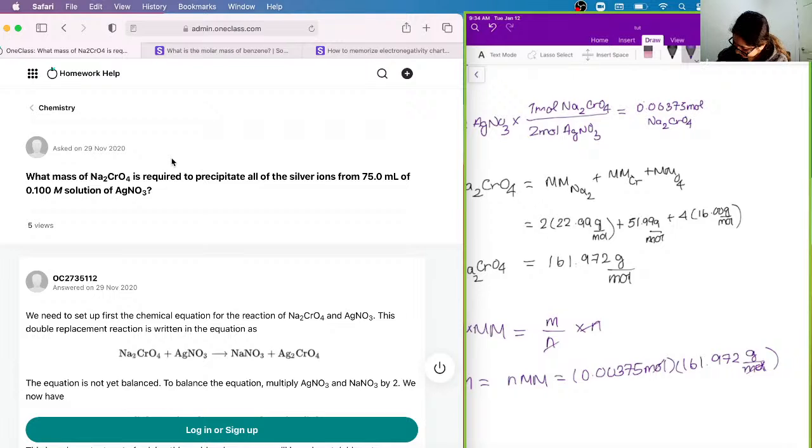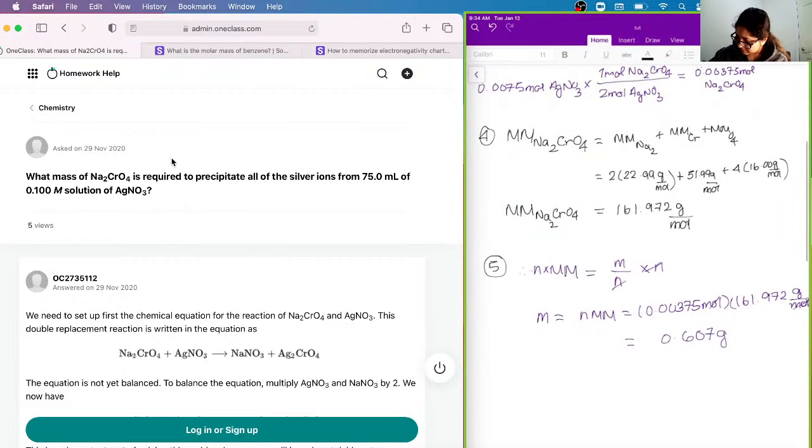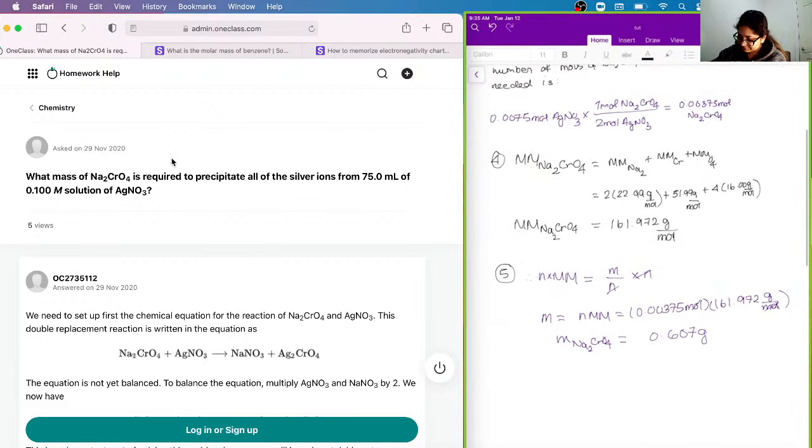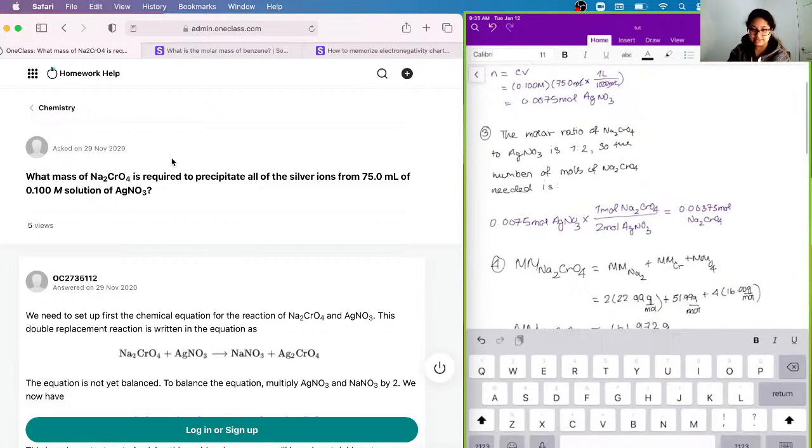You can see your moles get cancelled out, and your answer is 0.607. So we basically found that the mass of sodium chromate needed to precipitate all of the silver ions is 0.607 grams. So this is the answer.